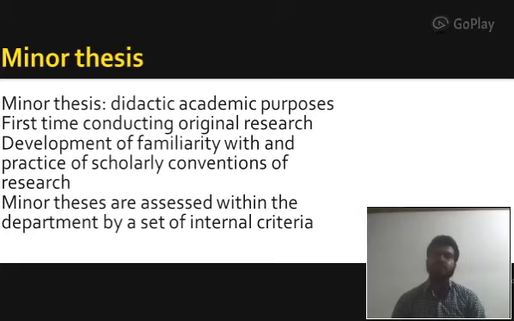It is supervised and examined and assessed by the university and the department, and they have their own varying criteria about which students will be eligible for this research project, and what kind of research work they are supposed to produce in terms of word length and so on and so forth.